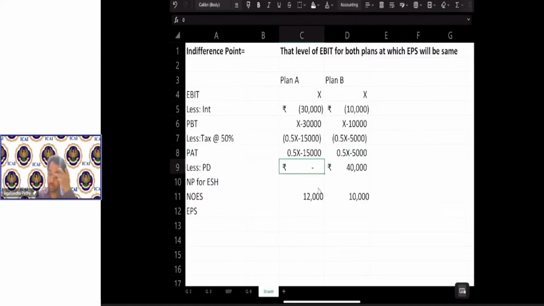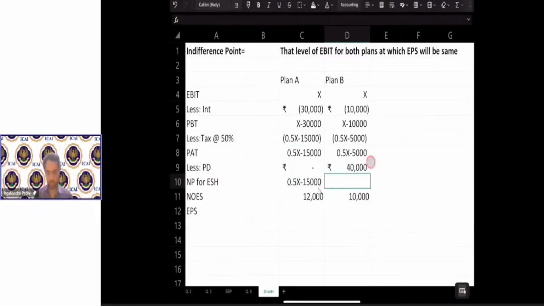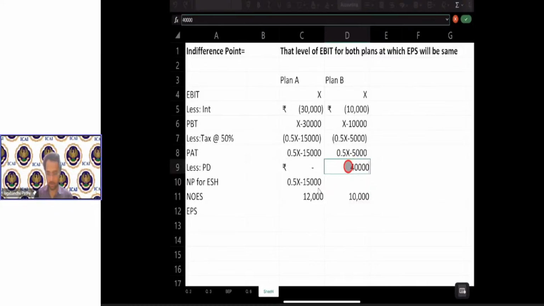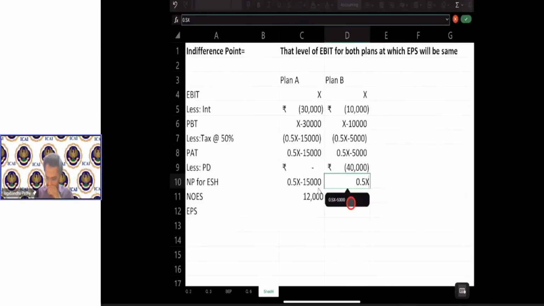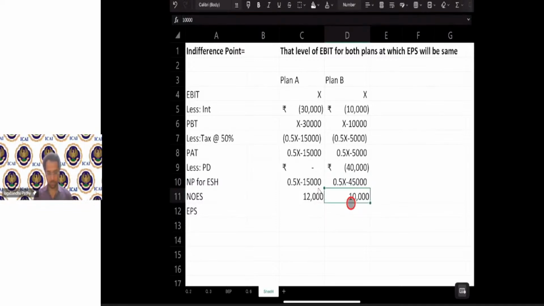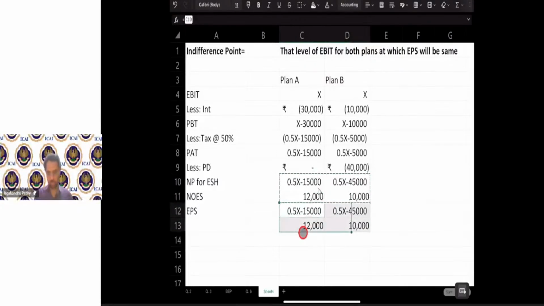However, we have the preference dividend in the second case. Net profit for equity shareholders is going to be the same as this figure in the first case, whereas over here, since there is a preference dividend, my net profit for equity shareholders will be 0.5x minus 45,000. And then the EPS figure.